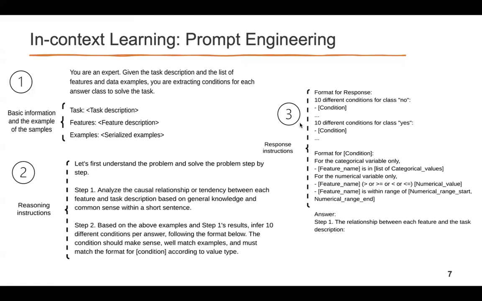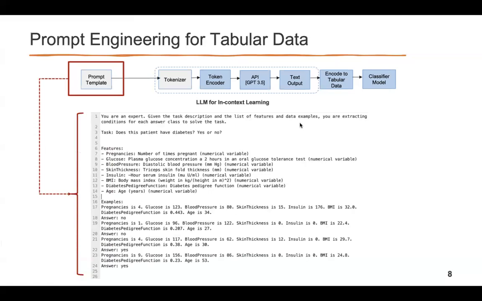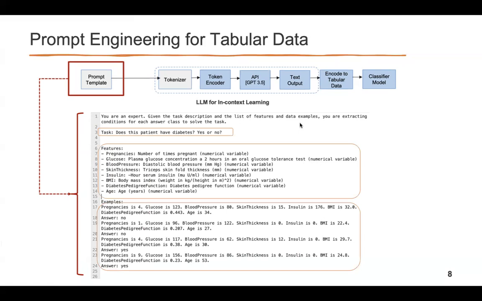Once we have all this, we pass it to a GPT model. So let's see an example of how the data are input to the GPT model and how we convert everything to pass it to a classifier model. Let's say this is an example where our task is, does this patient have diabetes, yes or no? We provide the metadata of each feature, and here are some examples with the corresponding answers.